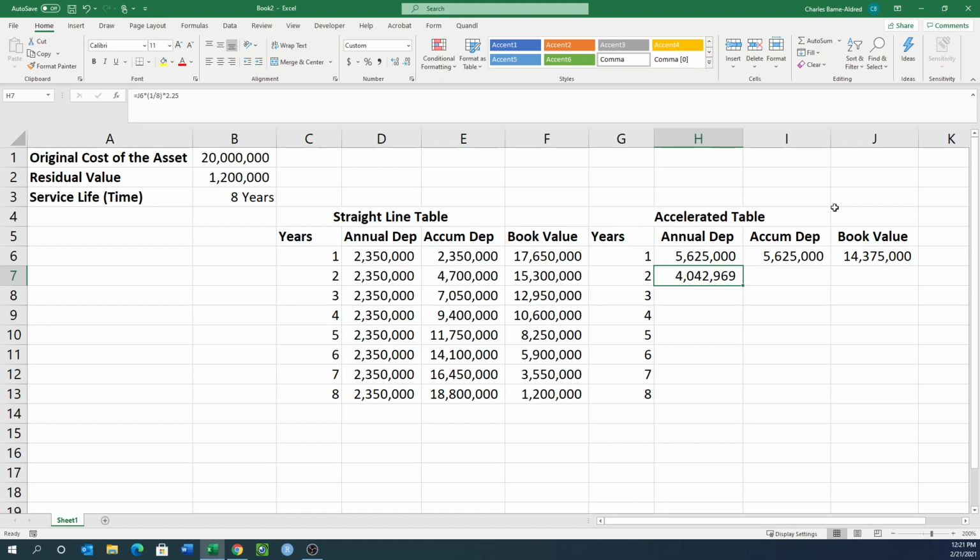And right, we see that year over year my depreciation is going down, right? Because it's an asymptotic slope.